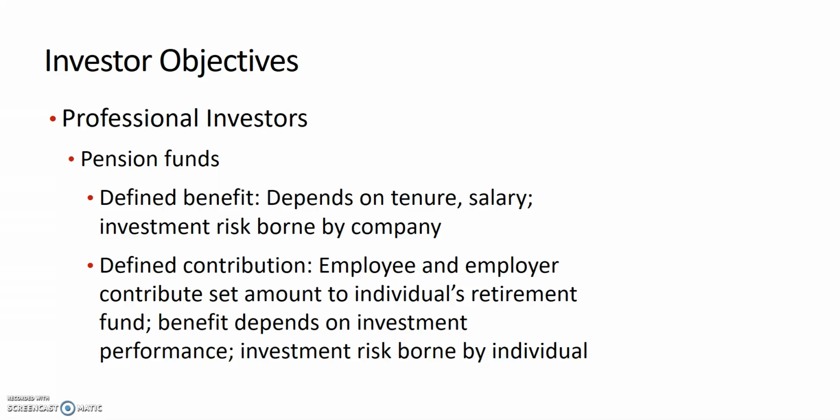With the defined contribution, on the other hand, the employee and the employer will contribute a set amount to the individual's retirement fund. The benefit will depend primarily on the investment performance, and with this particular scenario, the investment risk is taken on by the individual as opposed to the firm in the previous example.